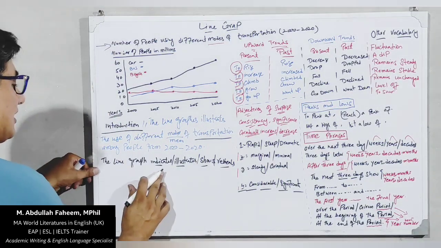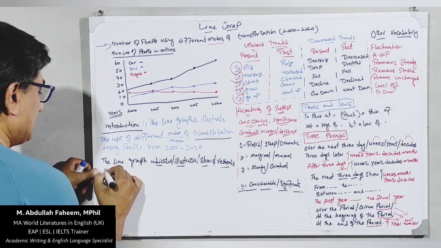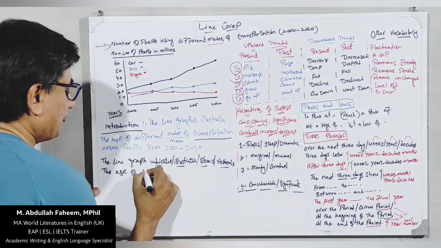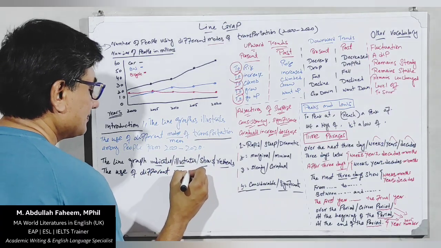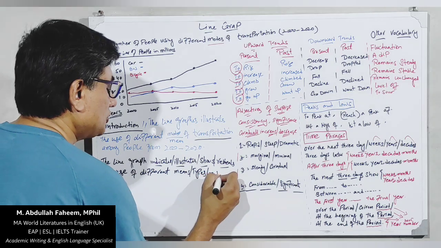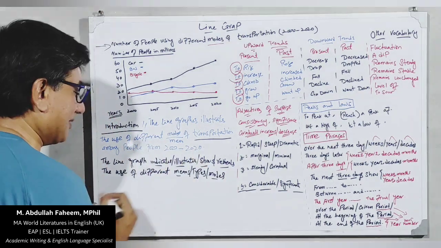So the line graph illustrates the use of different means, types, modes, any of the words. Only one word, not all of them.